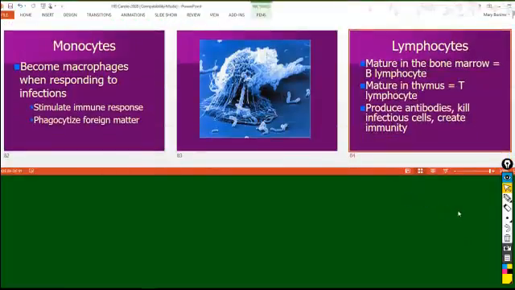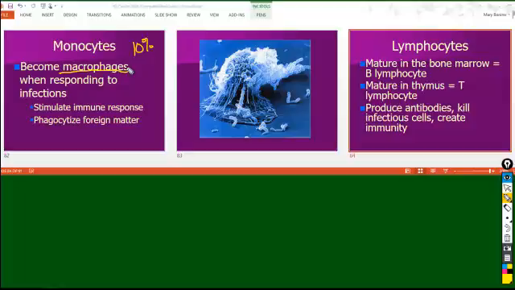Next is the monocytes. They make up about 10% of our cell population. And they're kind of cool because they transform from their monocyte form into what we call macrophages when they're mature.